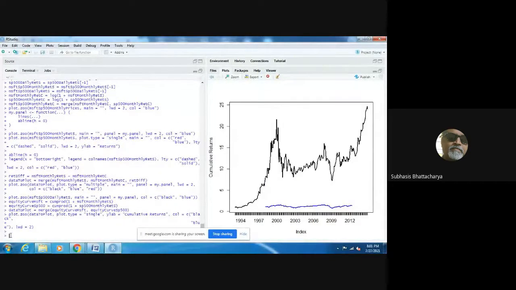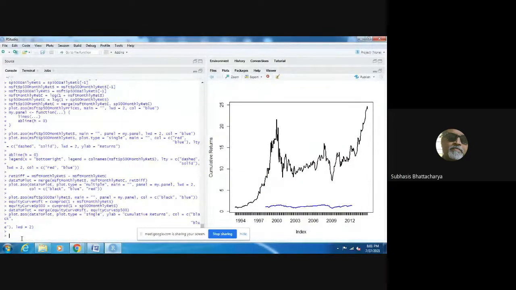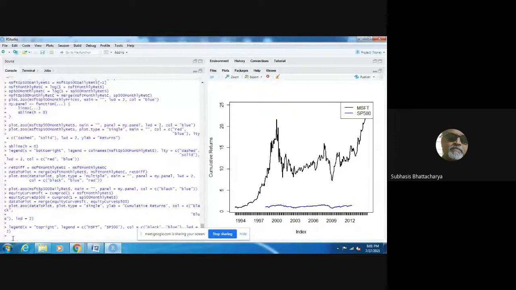These are the equity graphs of Microsoft and S&P 500, and then we add the legend. This is over the period between 1998 or 1999 and 2012. In this figure, the S&P 500 is more or less more stationary compared to Microsoft.